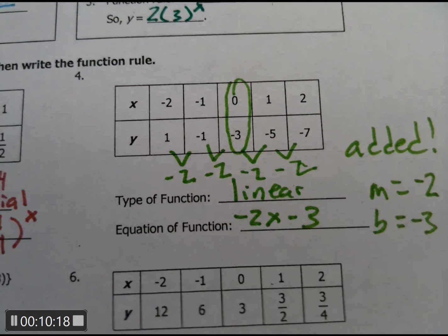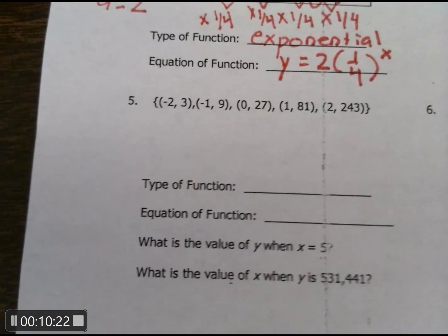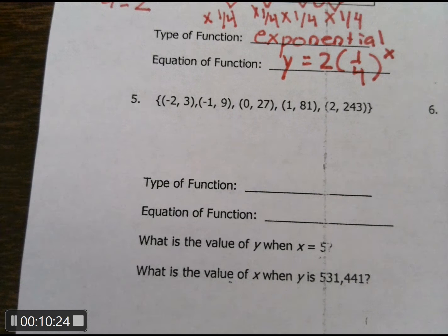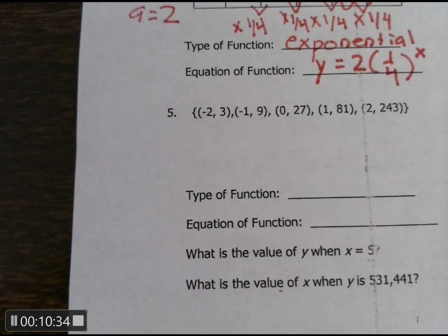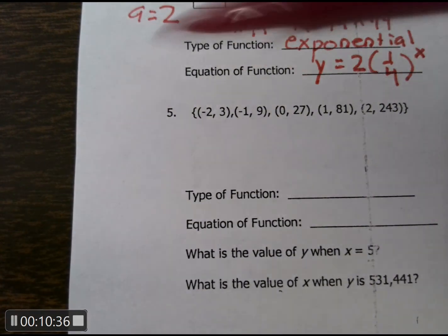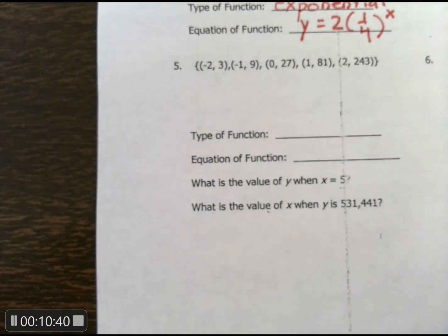Alrighty, let's take a look at 5. So number 5 is a little bit different because it gives you coordinate points. If you do not like coordinate points, I highly suggest you make a table of values. So let's do that. Let me zoom out just a little bit. There we go.